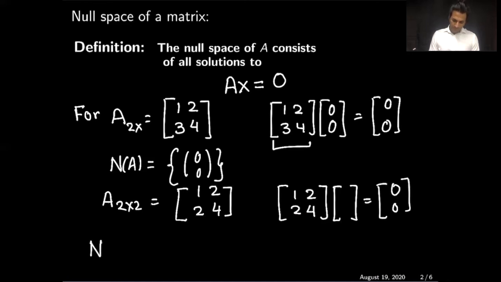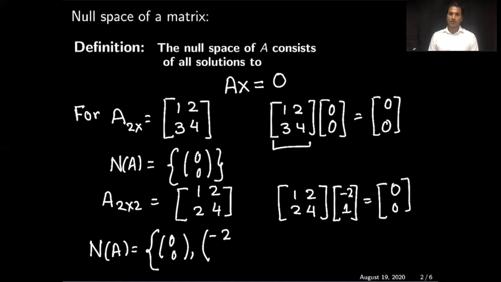To compute the null space of this matrix, one obvious solution is of course 0, 0. And you can see also, if I place 2 here and negative 1 here, that will also produce the 0, 0 column. So this is a solution, and also an element in the null space.